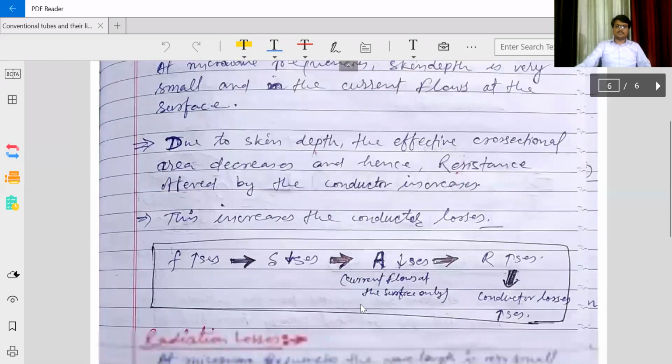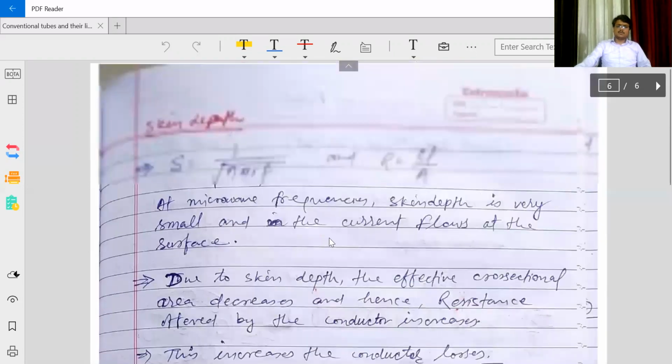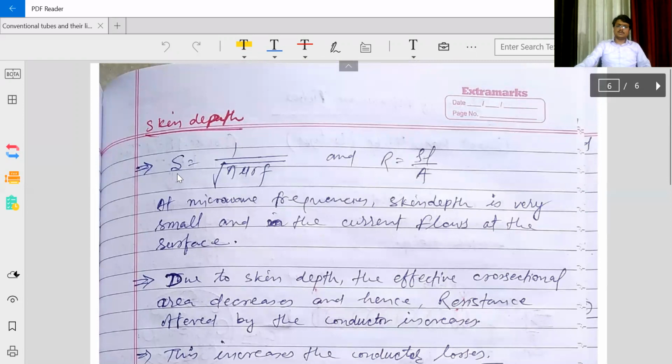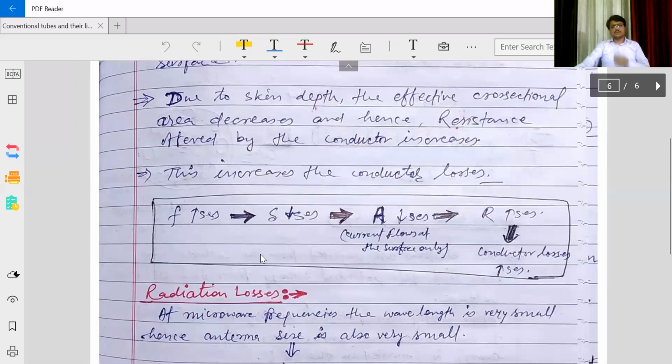Now skin depth. This is the formula for skin depth: skin depth is equal to 1 upon root of pi mu sigma f. So as f increases, skin depth decreases.